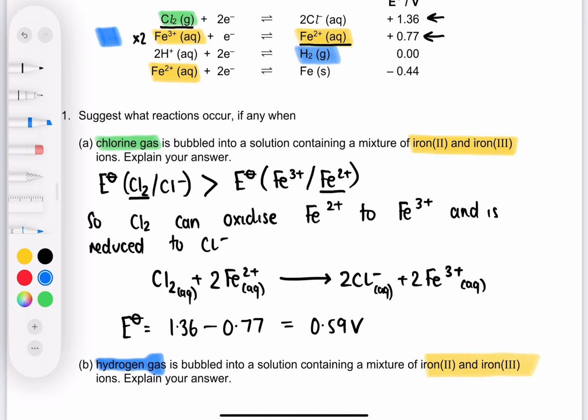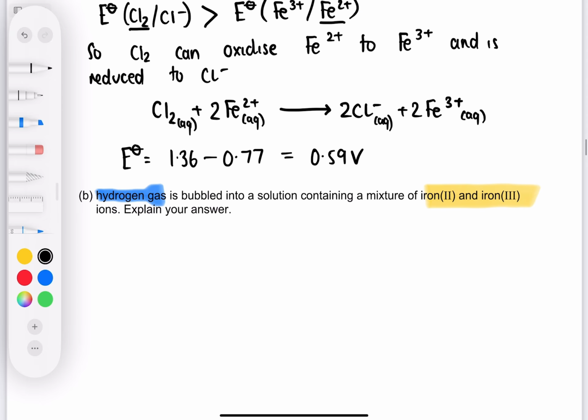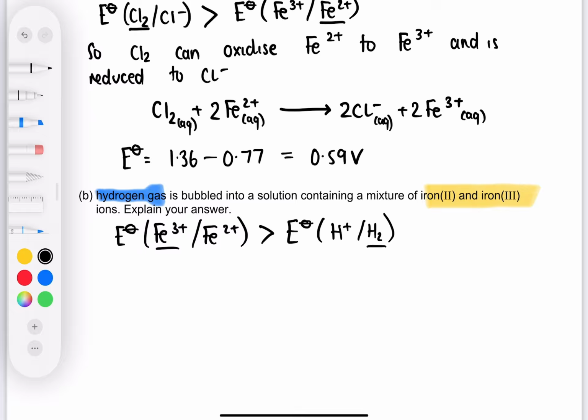So this time we're using this equation and this equation, and we would say the standard electrode potential of Fe3 plus slash Fe2 plus is greater than the standard electrode potential of hydrogen ions converting to hydrogen. So the two things that could react, when you have a greater than sign, it's always the outside two things that will react.